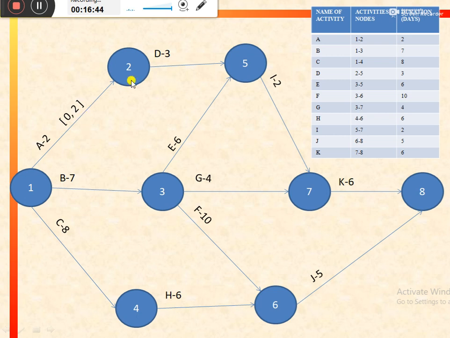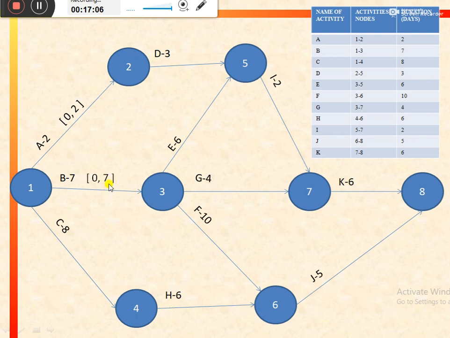Now we would move on to activity B. As we know that for every activity that emanates from node 1, the earliest start time would be equal to 0. So for activity B, earliest start would be 0, and earliest finish would be duration, that is 7 days, plus earliest start, that is 0.